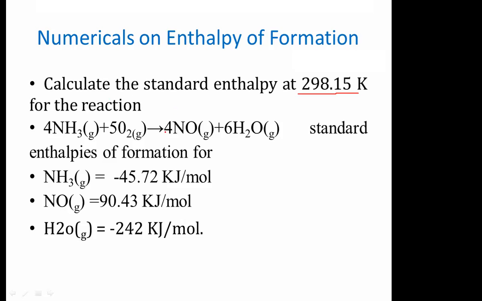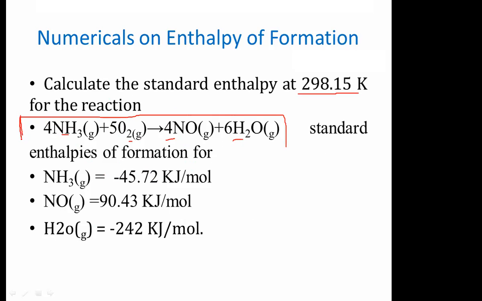And if we know the standard enthalpy of formation of different constituents, maybe for NH3, maybe for O2, NO, H2O, then we can calculate the standard enthalpy or standard heat of the chemical reaction.